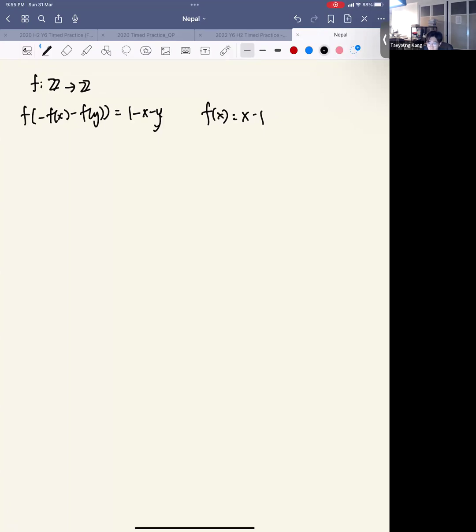So the idea for this is, we firstly try substituting P(x, f(y) - f(x)). Sorry, f(x), y.